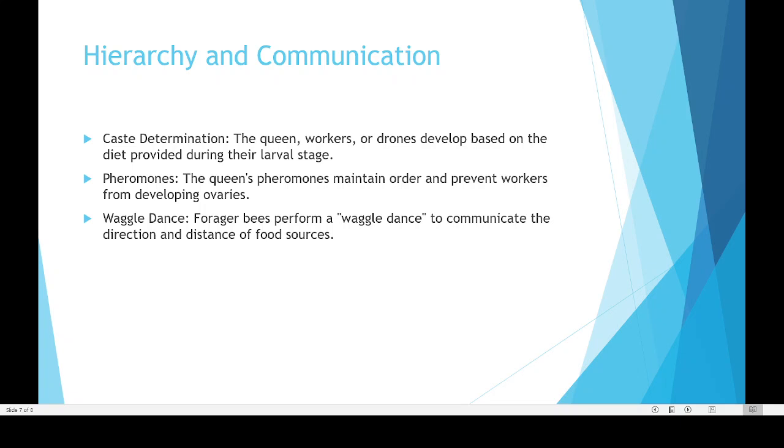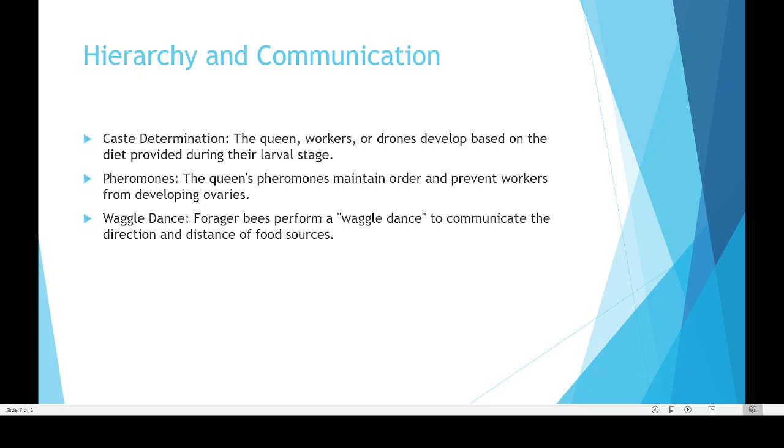See, this is the source of the food. This is the direction of the sun, and they know how to communicate the location and angle of the food source. By dancing and vibrating at a typical angle, they are able to communicate the direction.